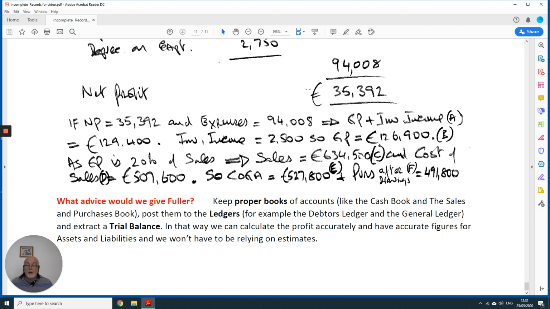And of course, you always post those books of first entry to the ledger and mention an example of the ledger, like the debtor's ledger or the general ledger. And then at the end of the accounting period, you'd extract a trial balance. And in that way, you can calculate your profit accurately and have accurate figures also for your assets and liabilities in the balance sheet, and you won't have to rely on estimates.